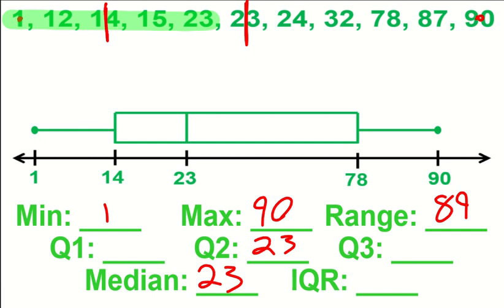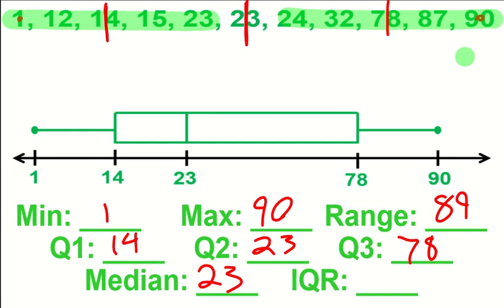That puts my median of the lower half right there, 14. So that's my first quartile. We do the same thing for the upper half. We find the median of the upper half. So when I've got those 5 there, my middle number is at 78, like we have right here.